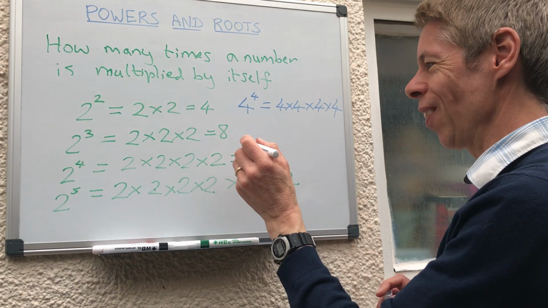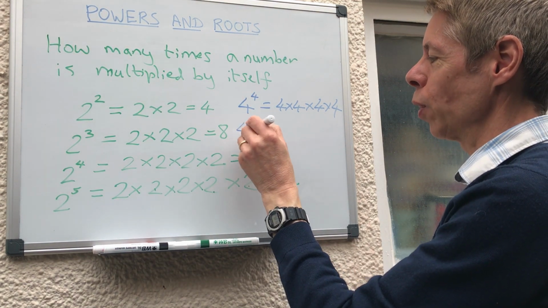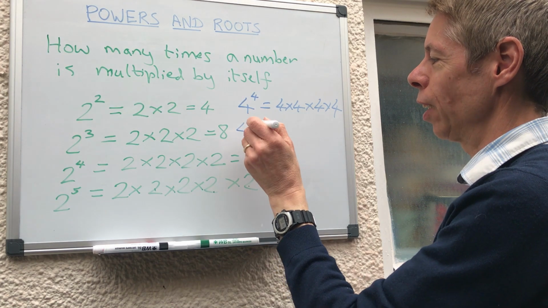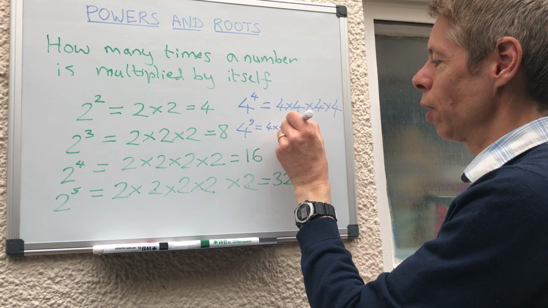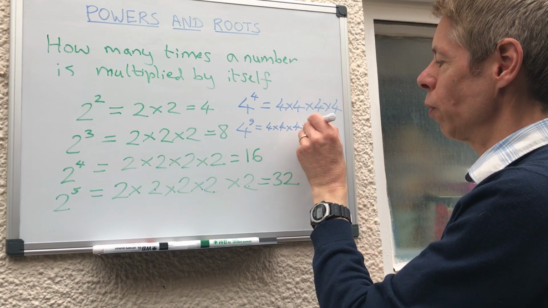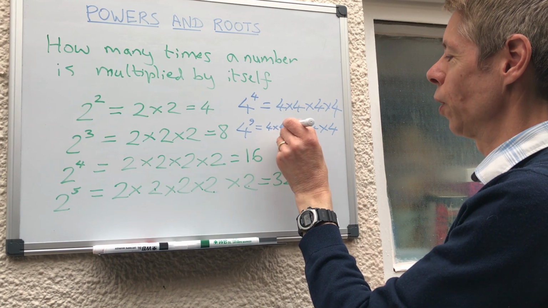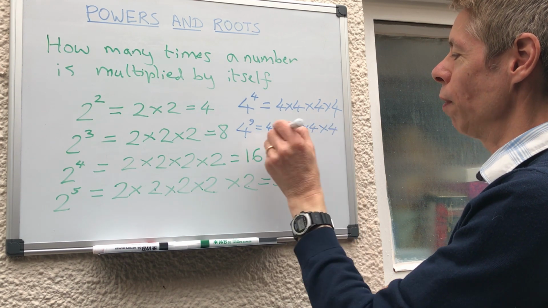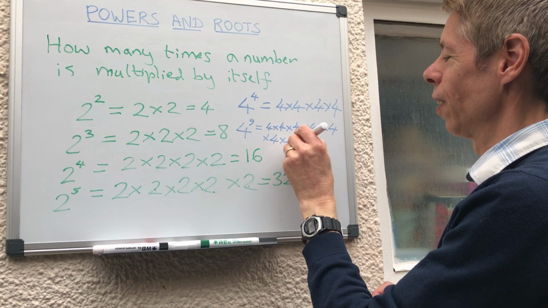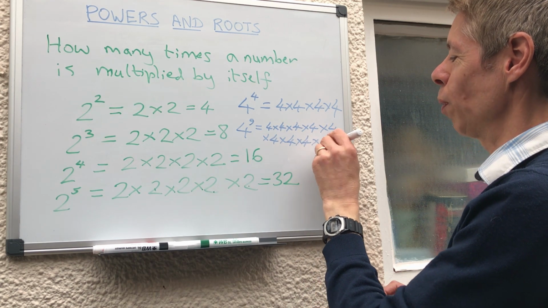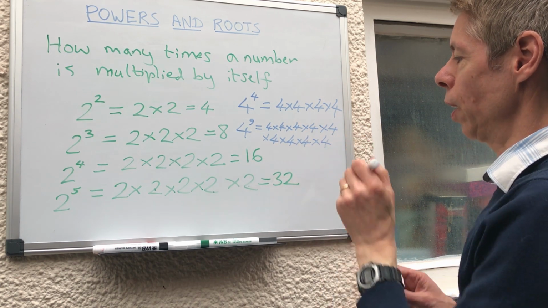So I said we weren't going to worry about that, so I obviously did get worried. So if we did 4 to the power 9, definitely not going to work that out. It's 4 times 4 times 4 times 4 times, going to lose count here, 1, 2, 3, 4, 5, 6, 7, 8. I'm going to have to count these up. 1, 2, 3, 4, 5, 6, 7, 8, 9.